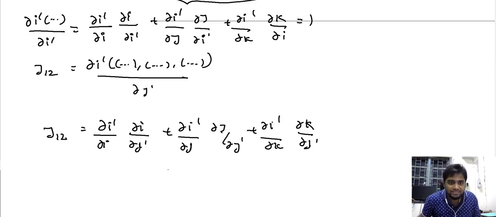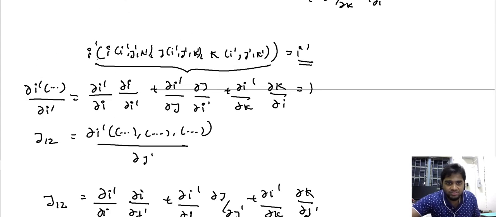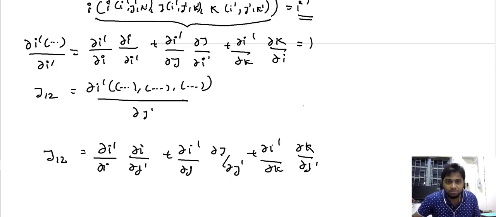Now from this expression, this is nothing but the partial derivative of I prime as a function of a function with respect to that of J prime.